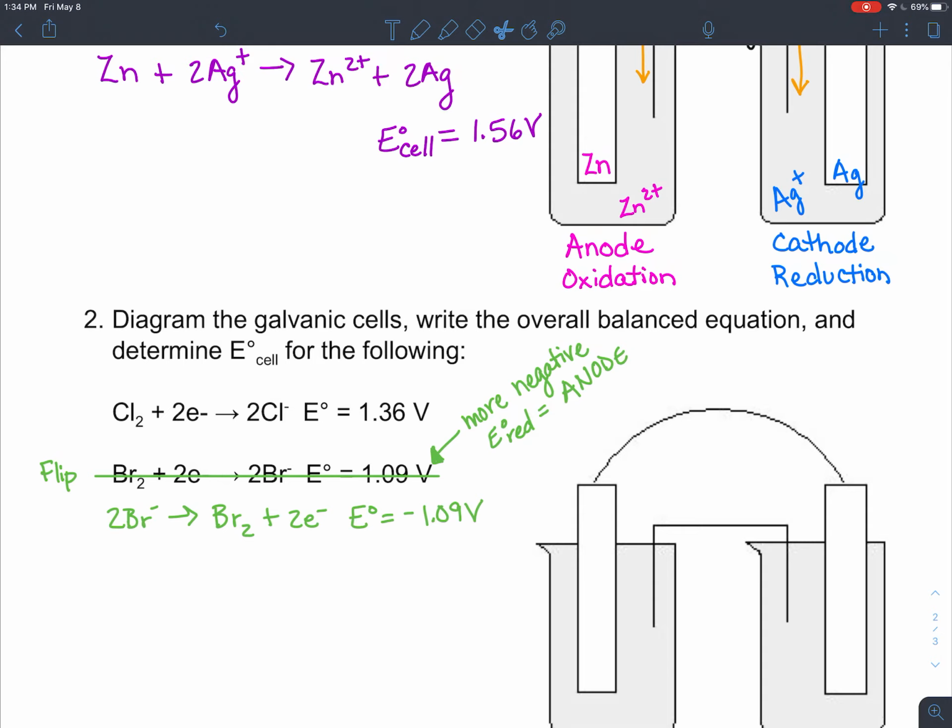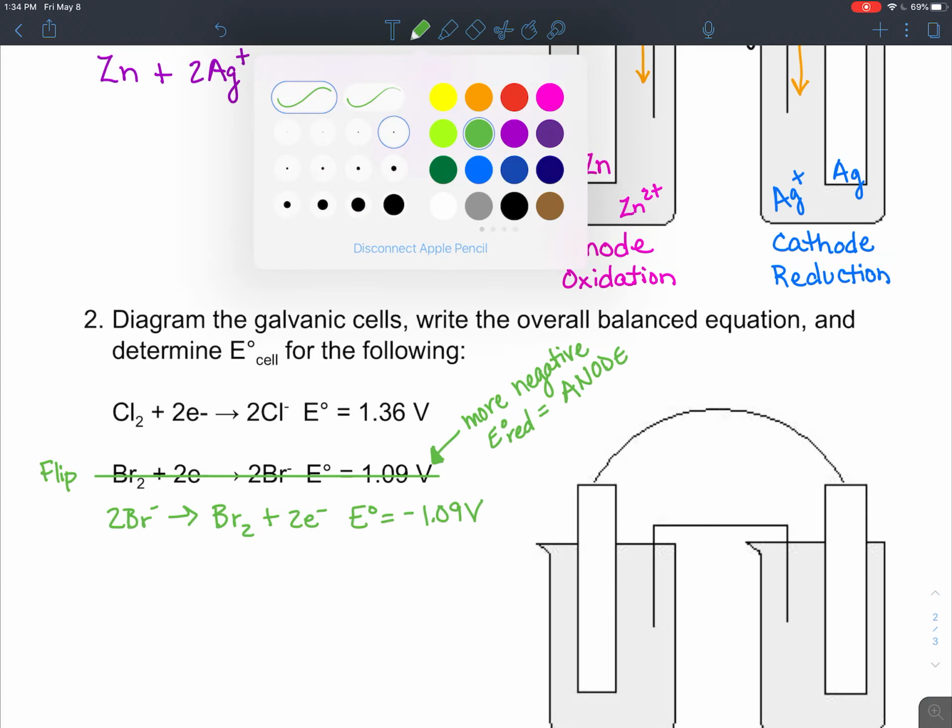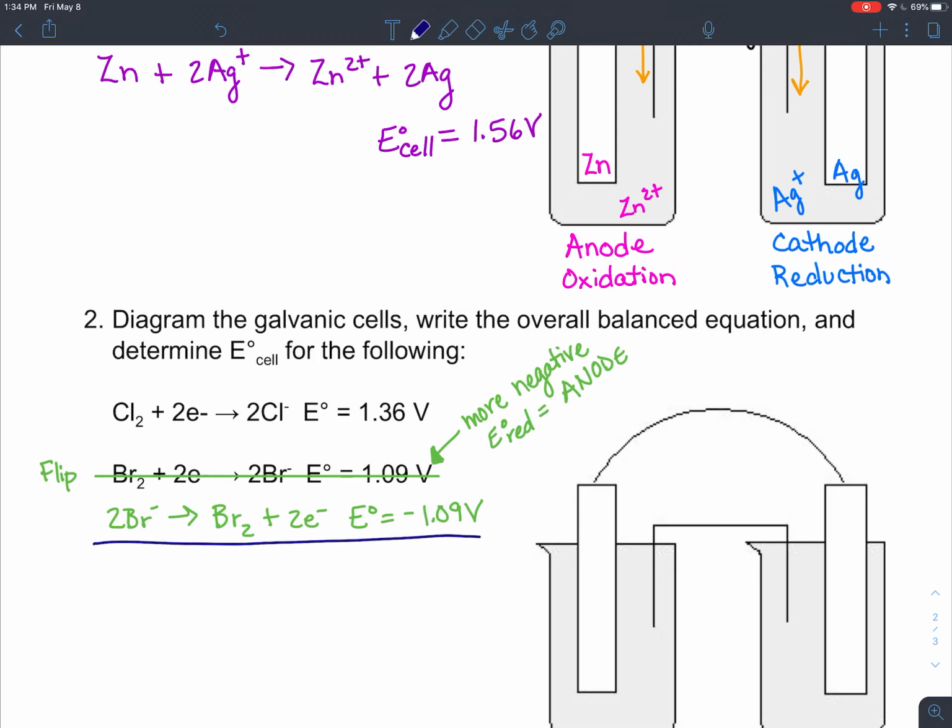Okay, now that we've done that, we can go ahead and add our equations together. We do have 2 electrons on each side, so we don't need to worry about changing that. And so we have Cl2 plus 2 Br minus. Of course, those electrons are going to cancel each other. Go to 2Cl minus plus Br2.